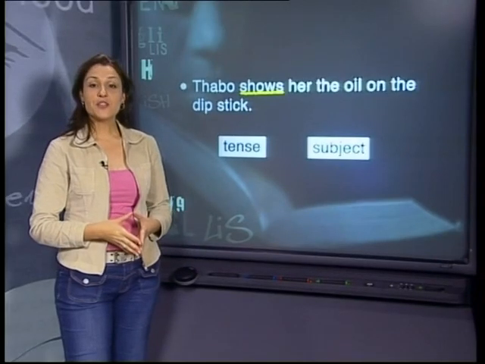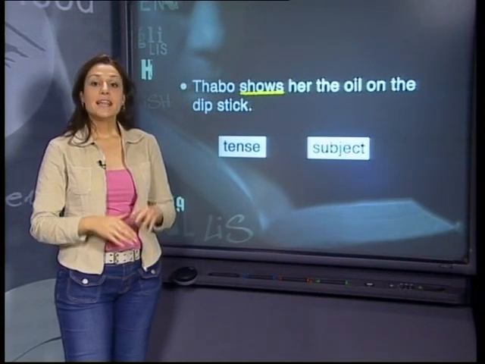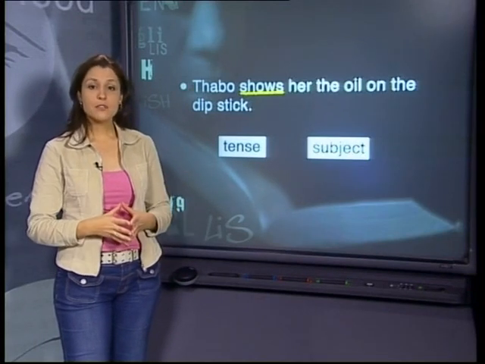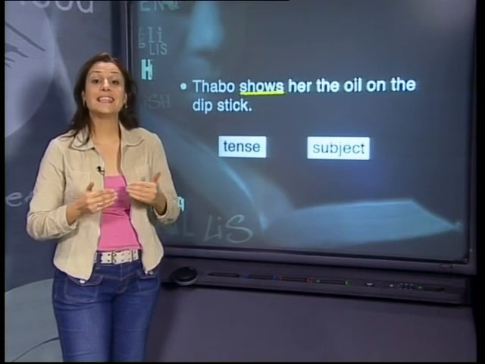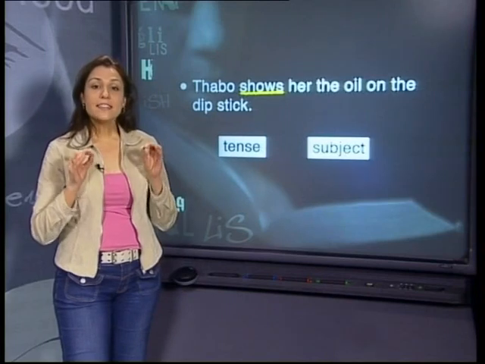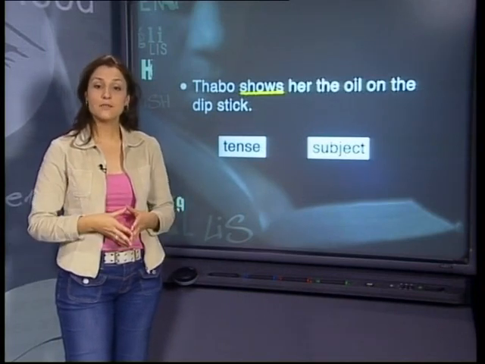The next question we need to ask is, is this a finite verb? Does it have a tense and a subject? Shows is in the present tense. It is happening now. To find the subject, we need to know who or what performed the action.